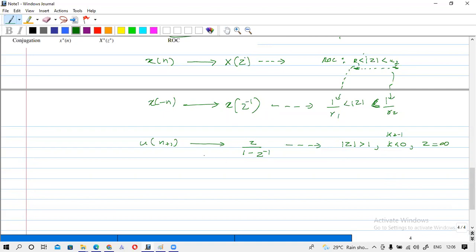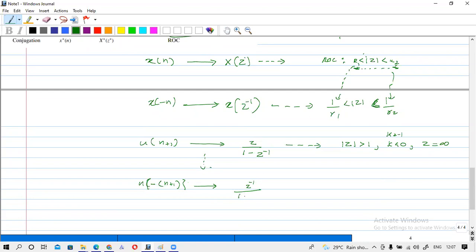Okay, so now we will move to our time reversal. Here the time reversal will be u[-n+1]. When it is minus, all this z will be z minus 1, and this also will be minus 1.